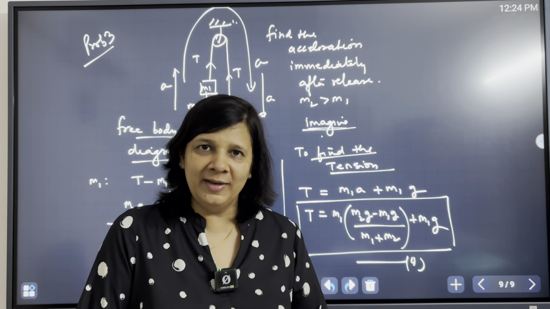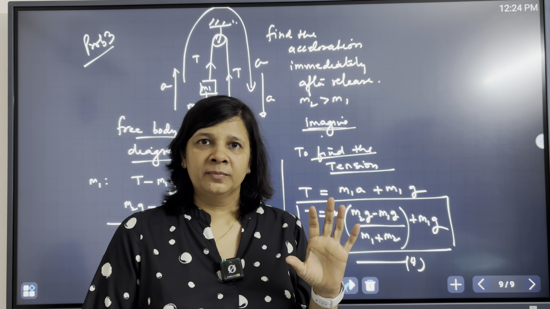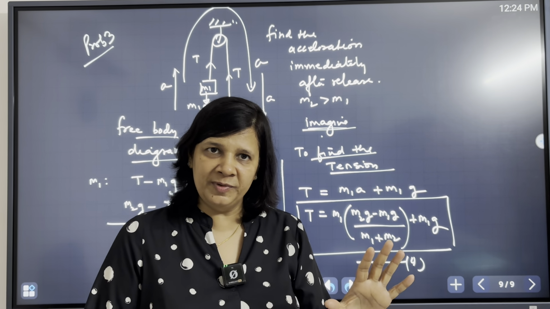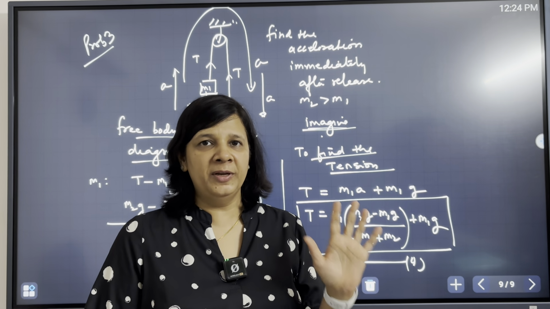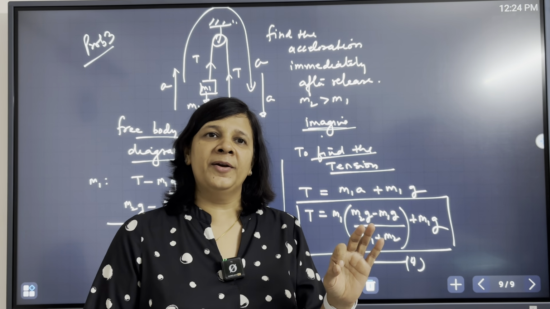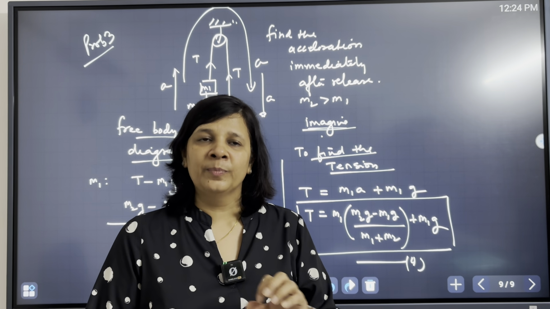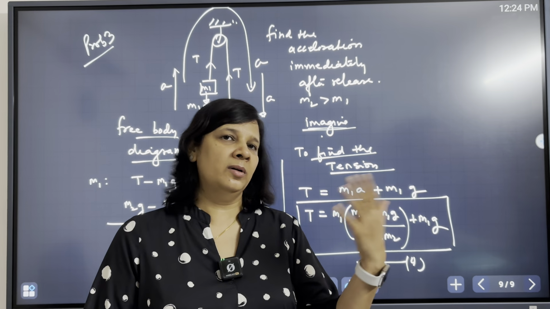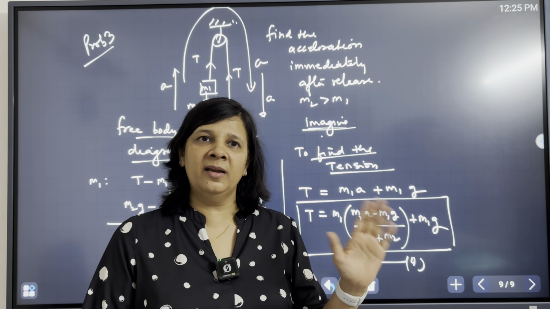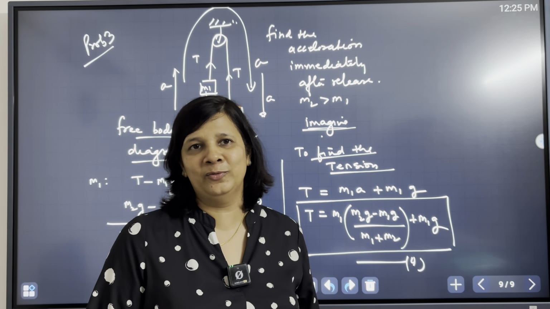Okay, what you have to do, you have to first draw all the forces on the two objects, then draw the free body diagram separately for both the blocks. Then you have to write Newton's second law for both the blocks, note how many objects are there, that number of simultaneous equations you will get, solve them to find the unknowns.